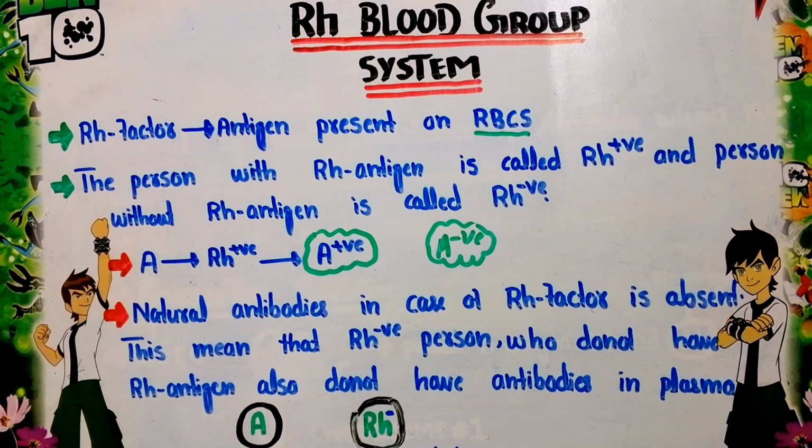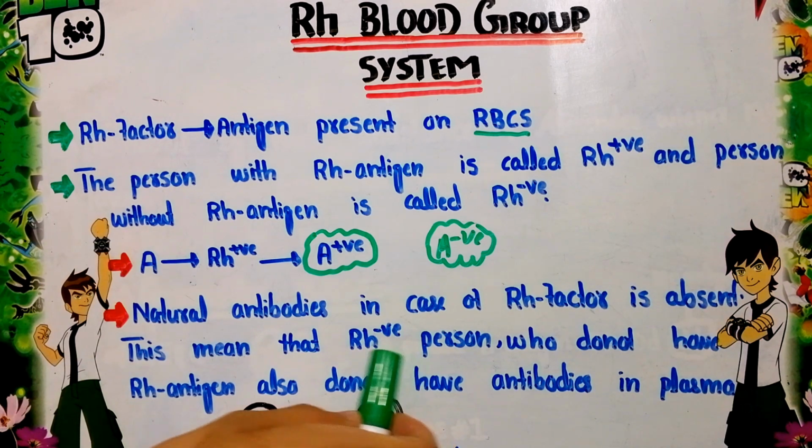In the ABO blood group system, if a person has blood group A, they must have antibodies B. But in this case, if a person is Rh negative, it means they do not have any type of Rh antigen.